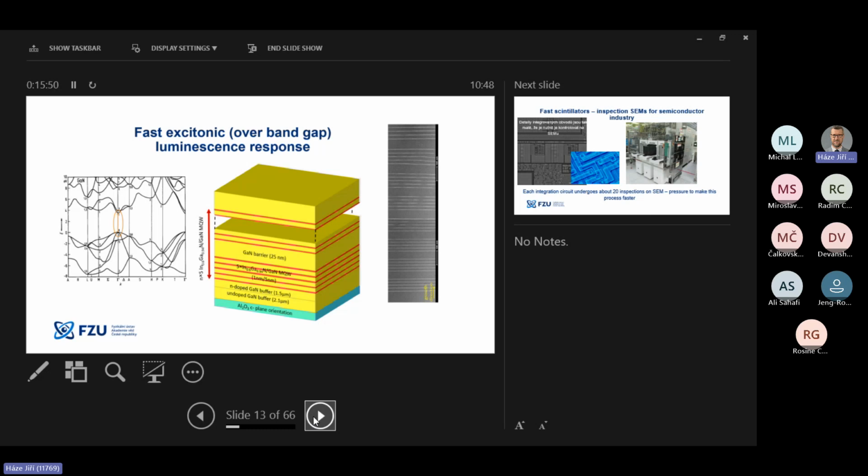Concerning our topics, the first topic which we started to work on in our laboratory is fast scintillators. So these are multiple quantum well structures, for some applications could be even 100 of them.